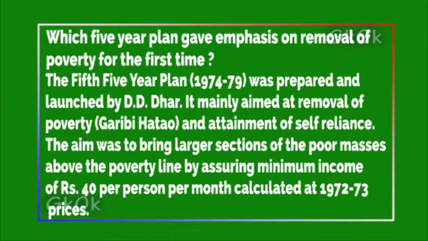The aim was to bring larger sections of the poor masses above the poverty line by assuring a minimum income of rupees 40 per person per month, calculated at 1972-73 prices.